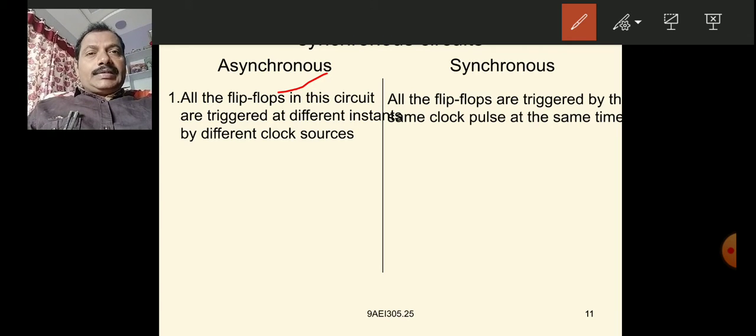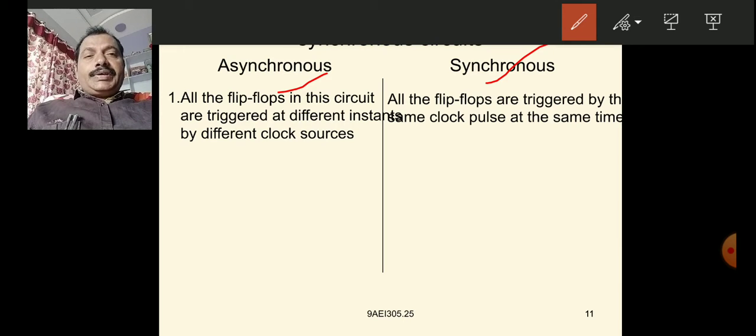In synchronous circuits, all the flip-flops are triggered by the same clock pulse at the same time. Only a single clock input signal is used by the overall circuit, and it performs its job.